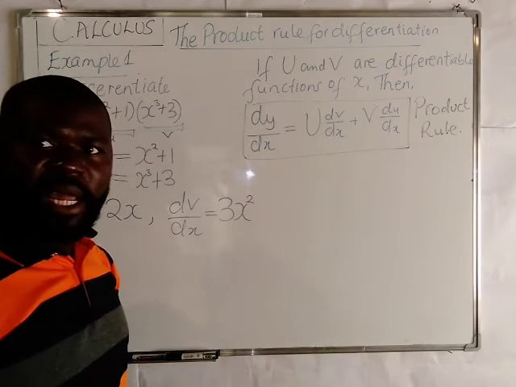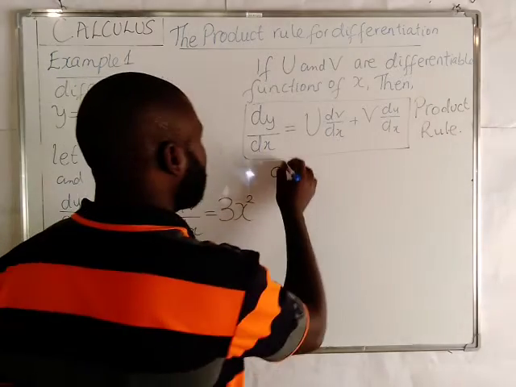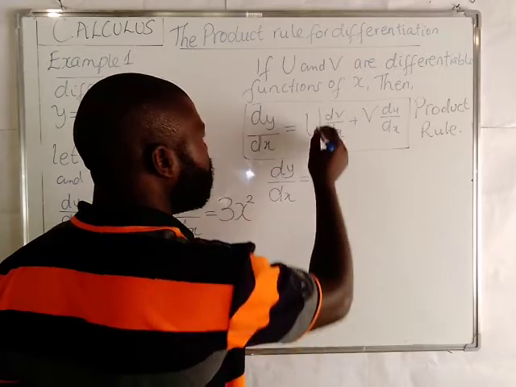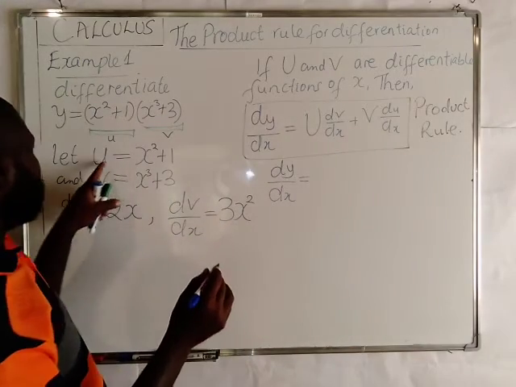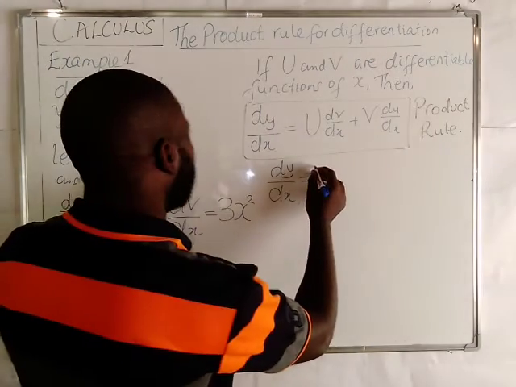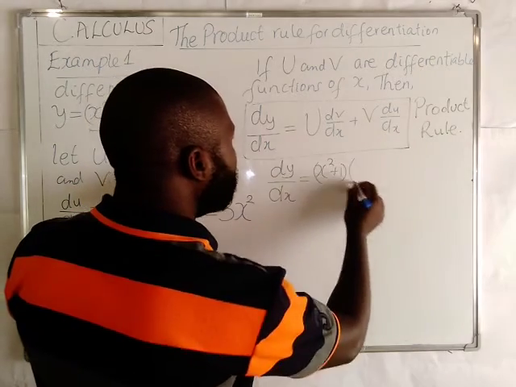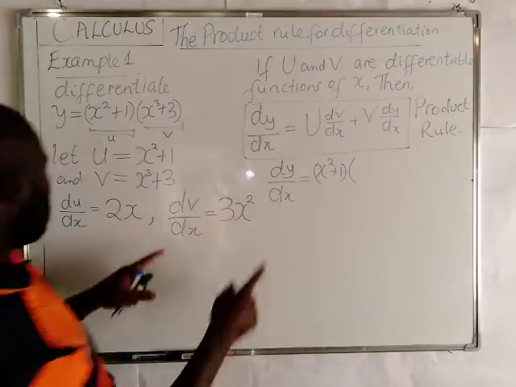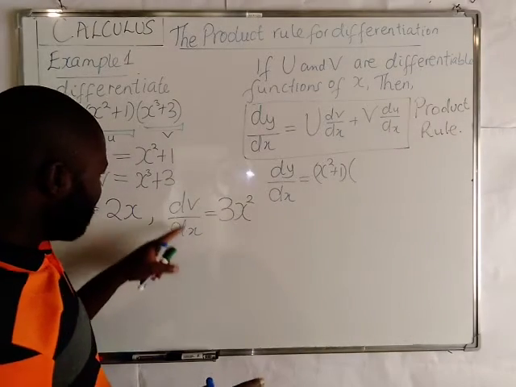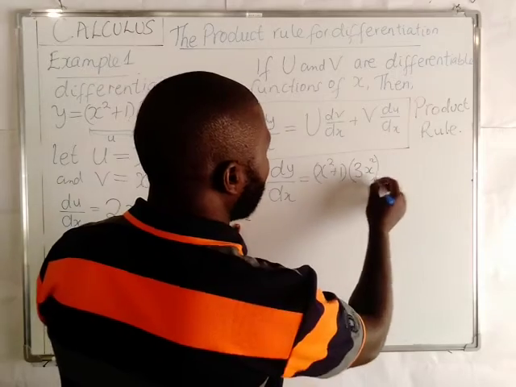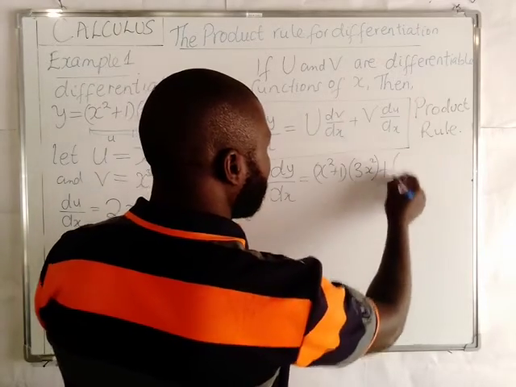Then we shall have our formula now. We are told that dy dx is equal to u. Which one is u? u is x power 2 plus 1, times dv dx. Which one is our dv dx? dv dx is 3x squared, plus v.